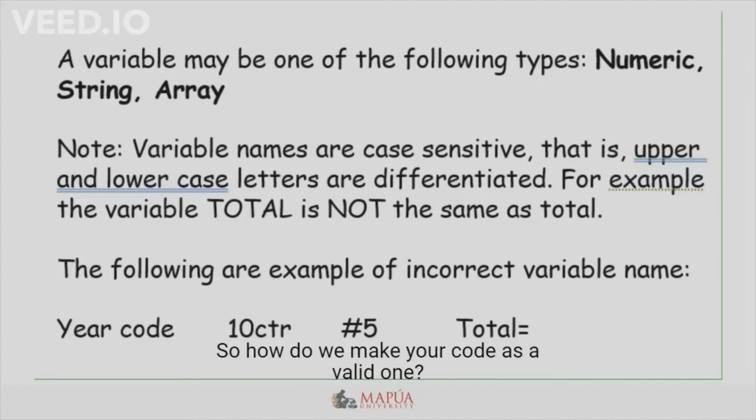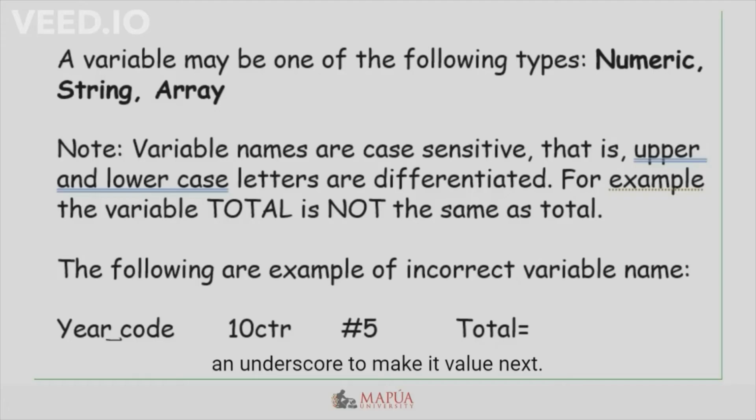So how do we make year code a valid one? Year code is a variable but it is invalid. To make it valid, I can write yearcode without a space, or in addition to year and code, I put an underscore to make it valid.